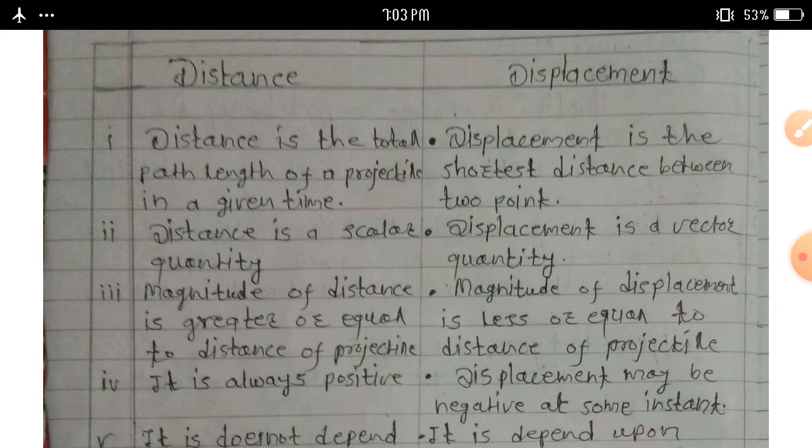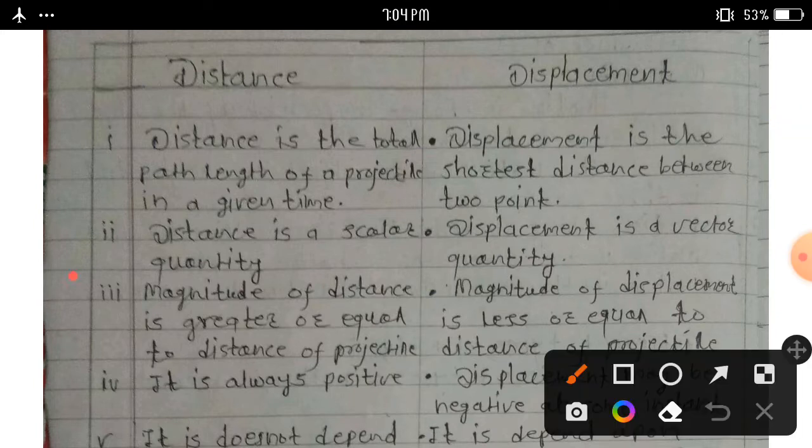What is the basic difference between distance and displacement? First point, distance is the total path length of a projectile in a given time, and displacement is the shortest distance between two points. Distance is a scalar quantity and displacement is a vector quantity.